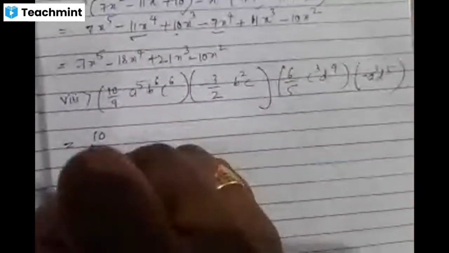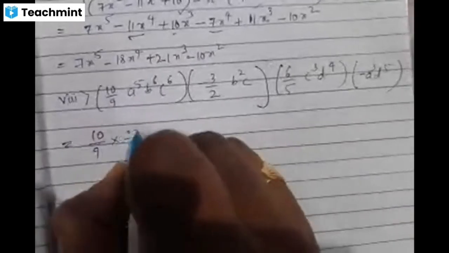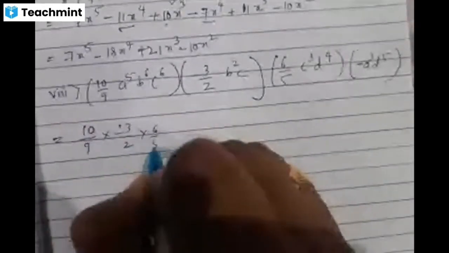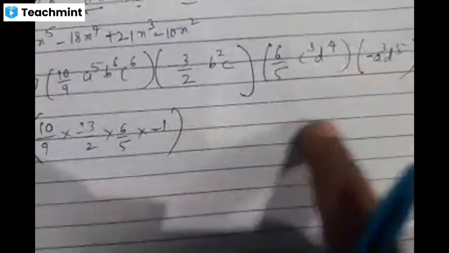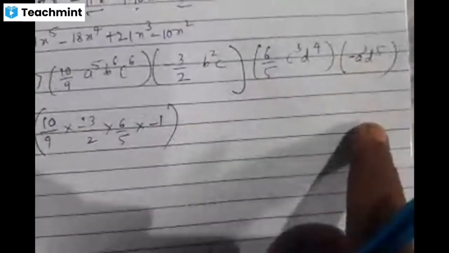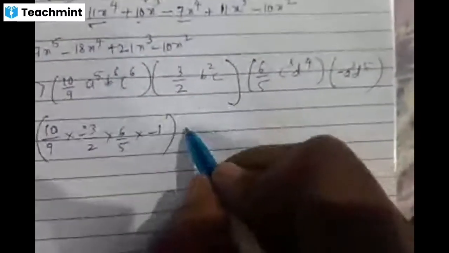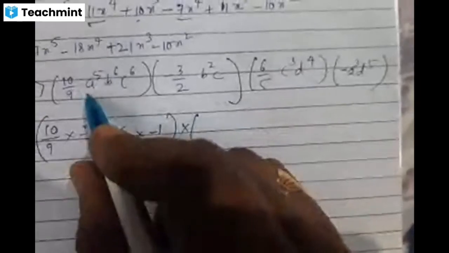First what I do, I will take only the constants with the sign in one bracket. Here you have minus 1, so I have written it here. If you use minus 1 here, while multiplying the variables, you don't need to take minus, children. If you don't take minus 1, you have to take minus with the variables. You have to remember. Then we have a term.